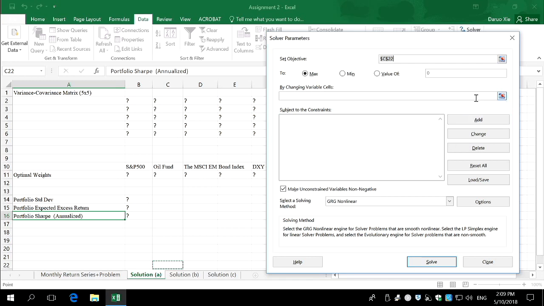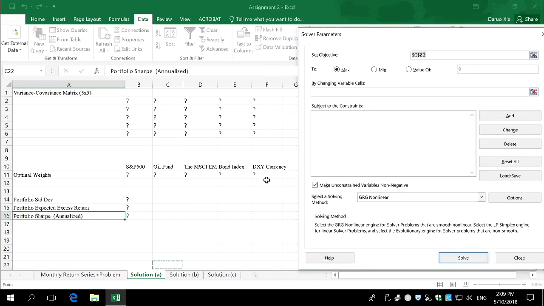So you will choose those 5 weights as your changing variable cells, subject to a constraint. An obvious constraint is the sum of those 5 weights should equal 1. You have to make sure all of them together equal 1, as a constraint. Then for the method, you just choose the first one, nonlinear.